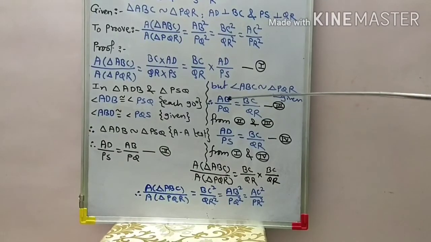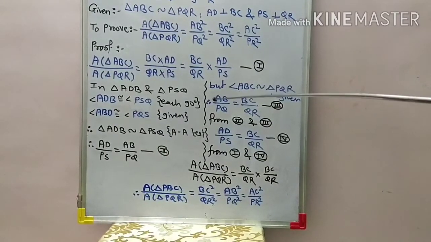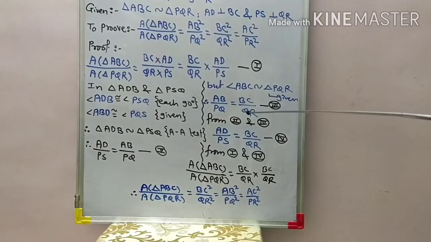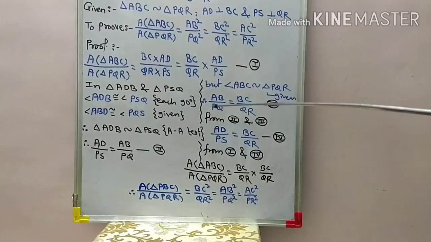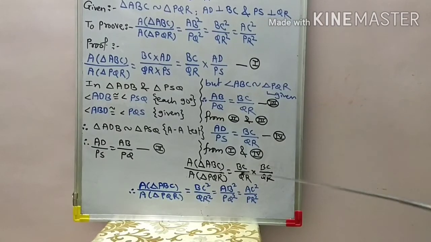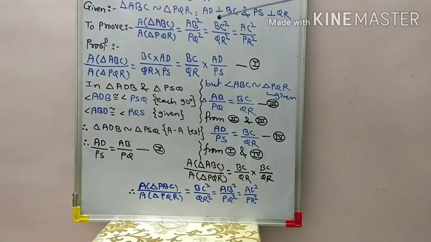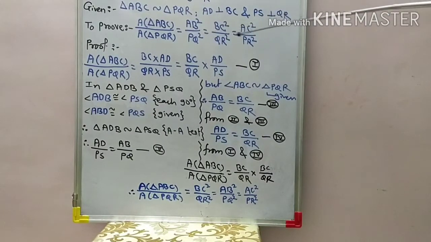As we take squares, for BC square upon QR square, we take the squares of the left hand side ratio and right hand side ratio also. If we prove it for any one of the corresponding sides ratios, it is true for all three pairs.